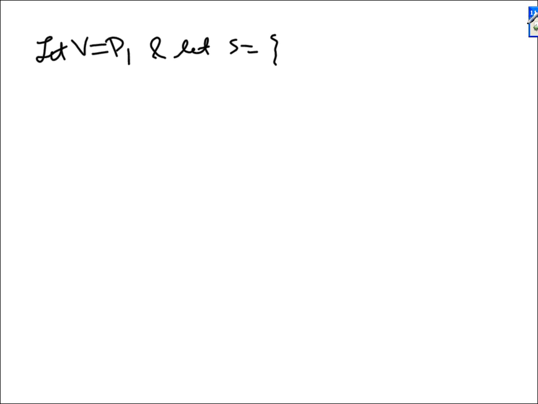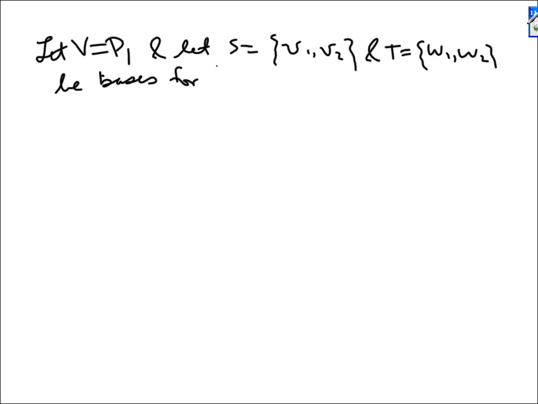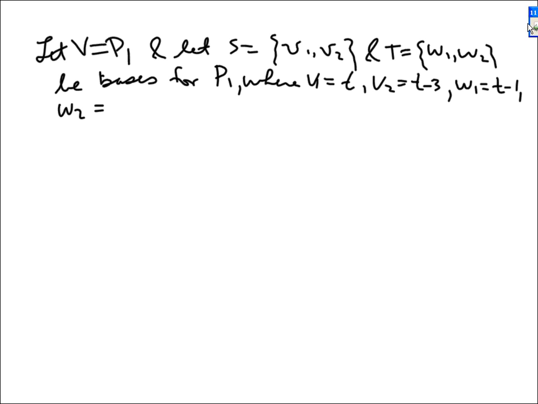So we let V equal P1 and let S be the vectors V1 and V2 and T be the vectors W1 and W2 be bases for P1, where V1 is t, V2 is, say, t minus 3, W1 is t minus 1, and W2 is t plus 1.